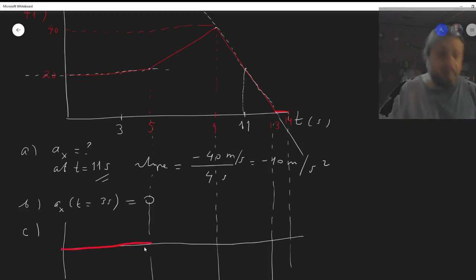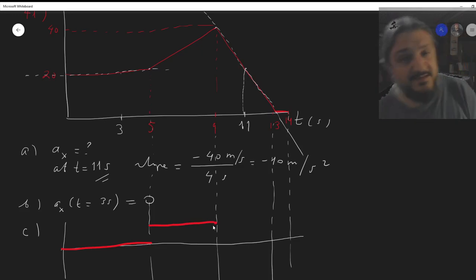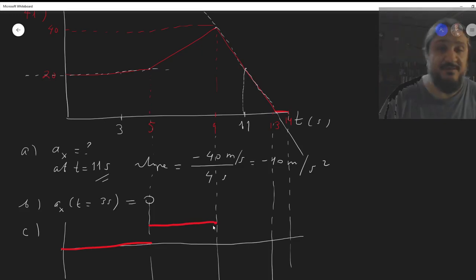All right. But what about after 5? Now between 5 and 9, the velocity increases in the positive direction, right? So I have a positive acceleration there. What is the value of that acceleration? I have to find that slope.